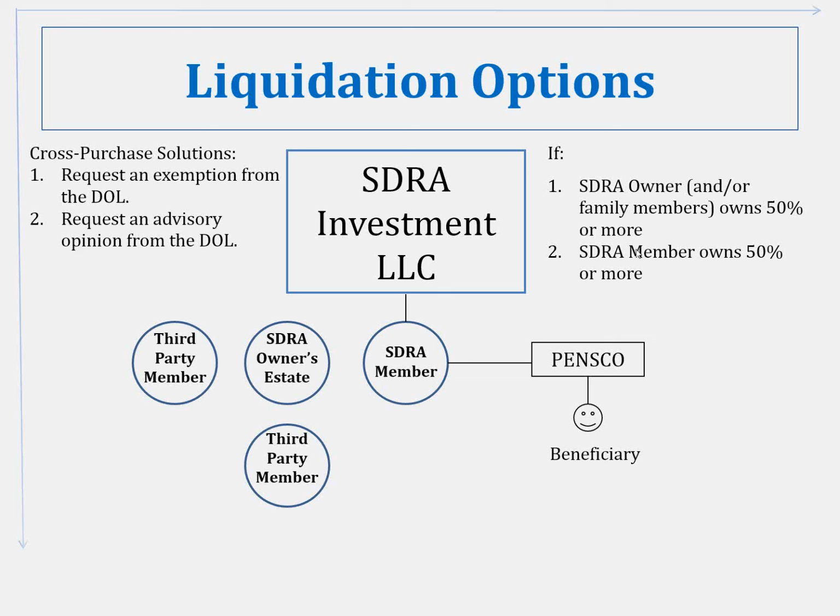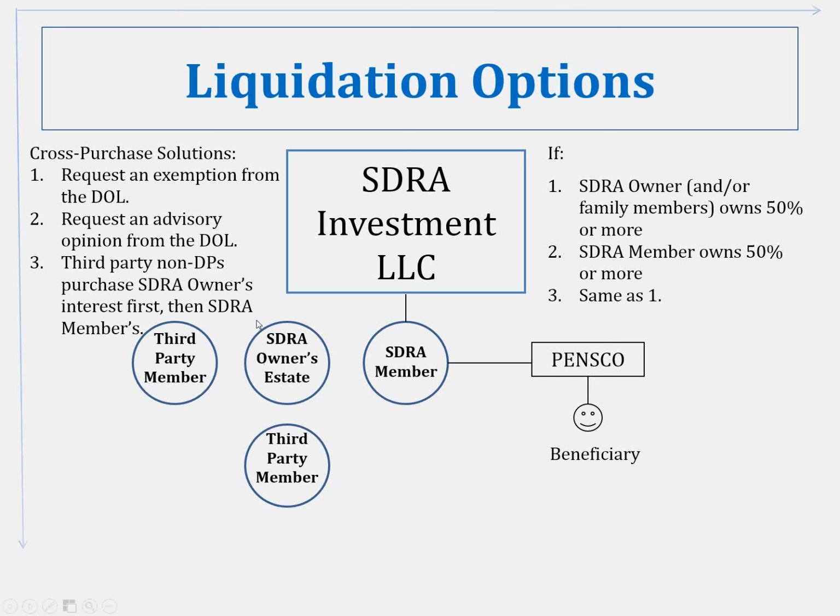So that's a couple of solutions that we could get, and we could get the estate to apply for that kind of thing. But why would we do that? Well, the first thing, if we had third parties who are not disqualified persons, they could purchase the self-directed retirement account owner's interest first in the LLC.